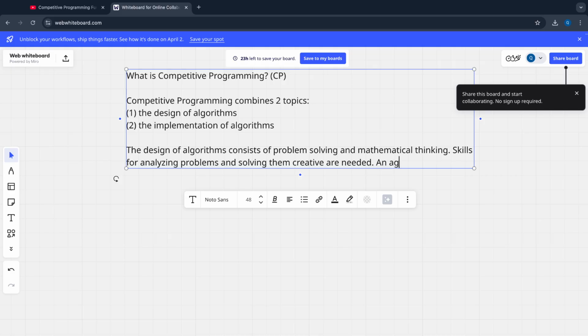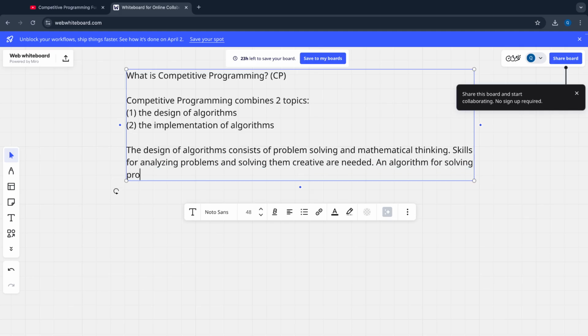An algorithm for solving a problem has to be both correct and efficient. Why?